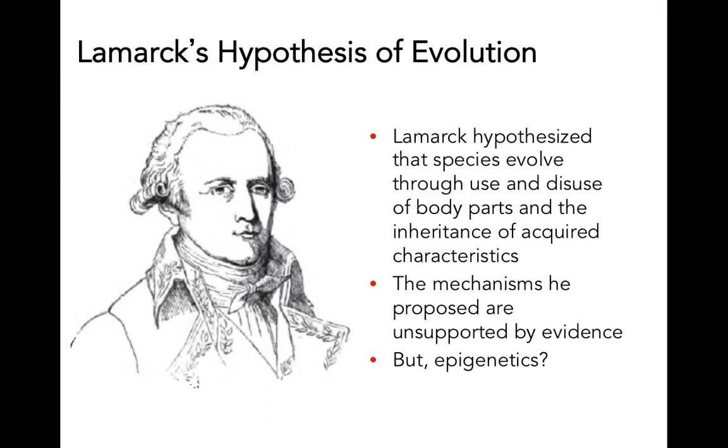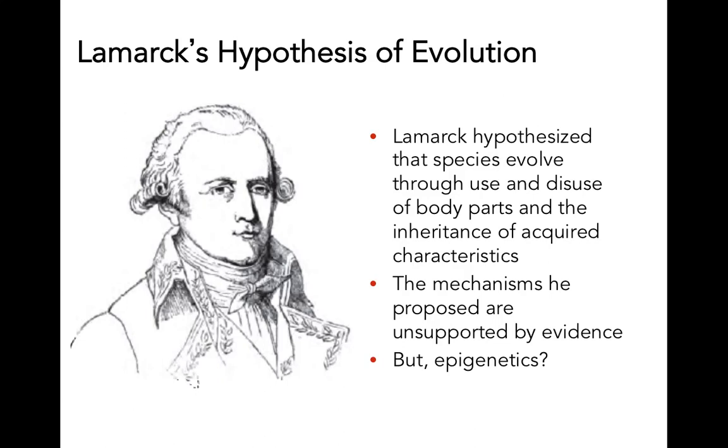It's an interesting idea, but it is an idea that is unsupported by evidence. So there's not data to support this hypothesis of use and disuse. Lamarck was a brilliant scientist, and unfortunately the thing he's best known for is having an idea that is incorrect.